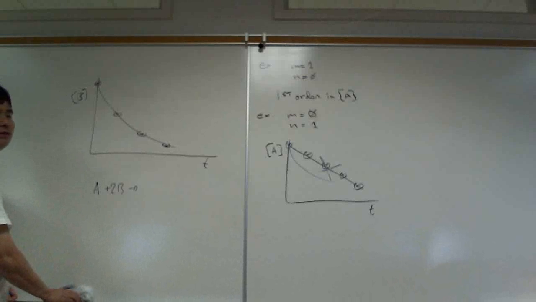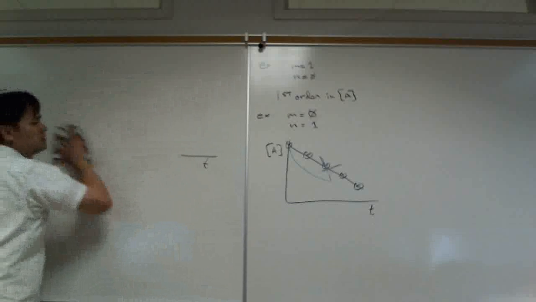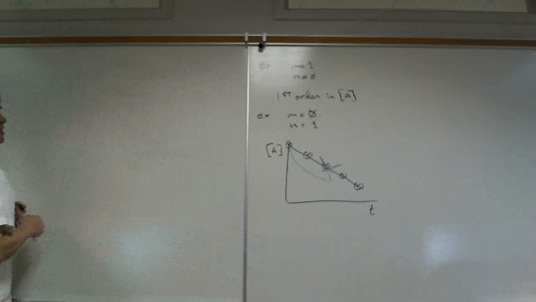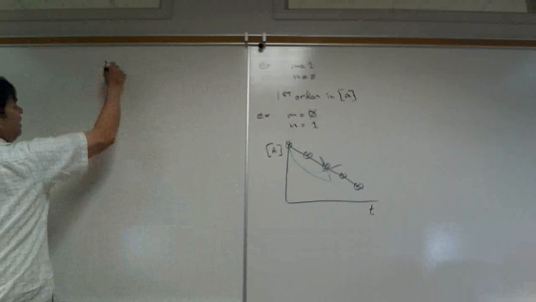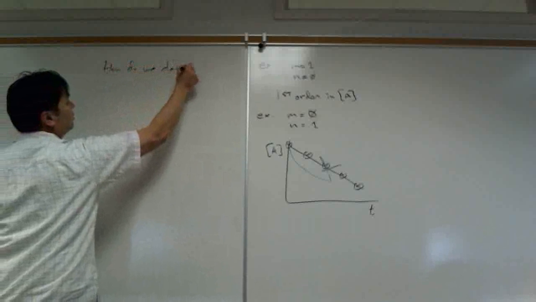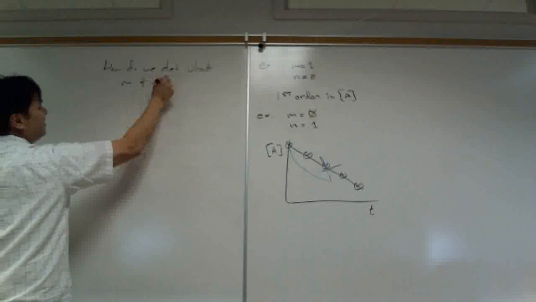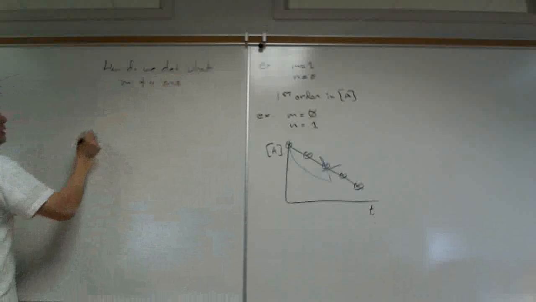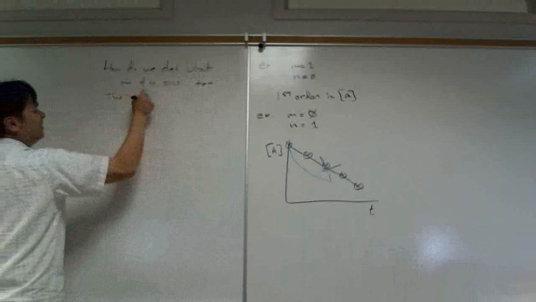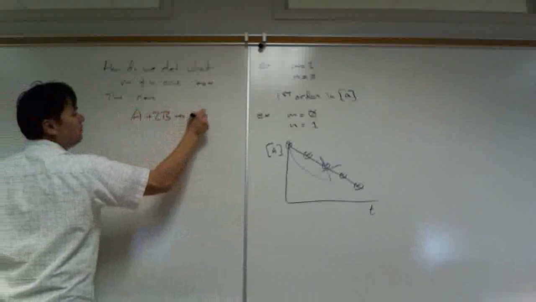How do you deconvolute this? How do we determine what m and n are for the reaction A plus 2B yields product?